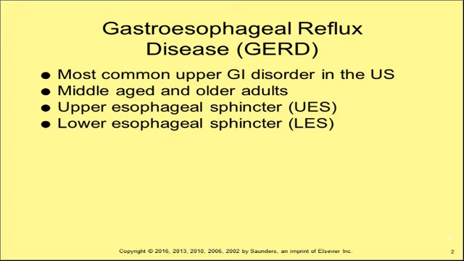Your pressure is higher here, and this particular sphincter sits down there, but it's supported by the angle of His that is formed as the esophagus enters the stomach. So it's kind of freestanding, but the angle of His helps support it. This is called your pyloric valve.